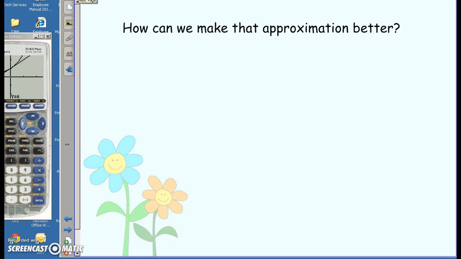So what we would do is add a second initial condition. So if we have our first one, our y equals e to the x, and we've got the graph of that, our y2 is our first tangent, and that's pretty good at x equals 0, but it's not good as we go further and further away. So make another initial condition. Well, if we do y double prime of x, that's still going to be e to the x.